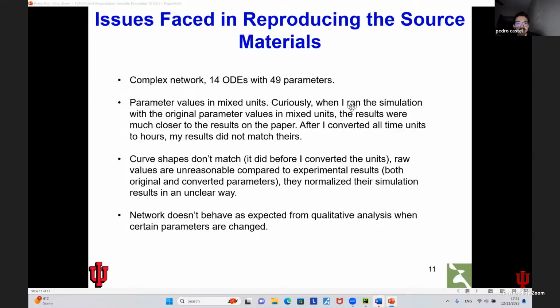So this was very suspicious for me, but I went with the converted units. Of course, it doesn't make sense to put mixed units in the simulation.